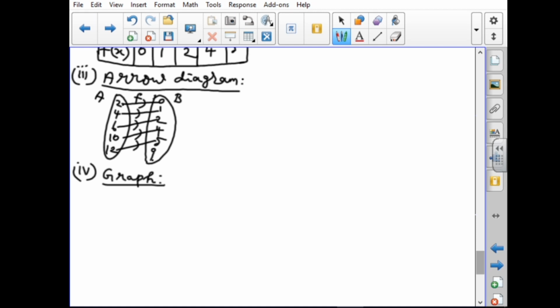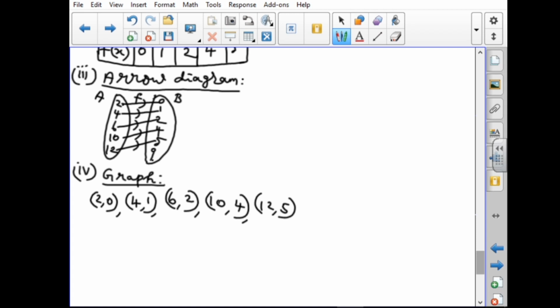The first point is 2 comma 0, the second is 4 comma 1, the third is 6 comma 2, the next is 10 comma 4, the next is 12 comma 5. Now we are going to plot these points in the graph.